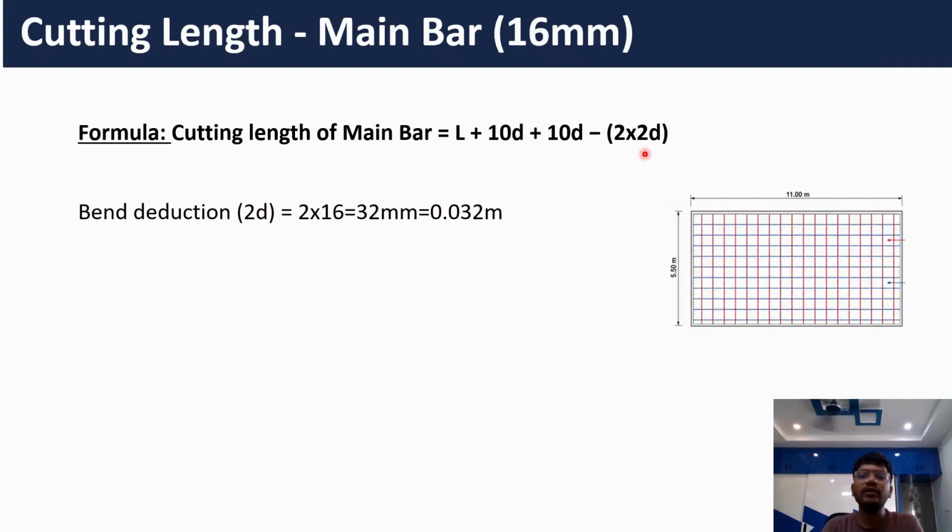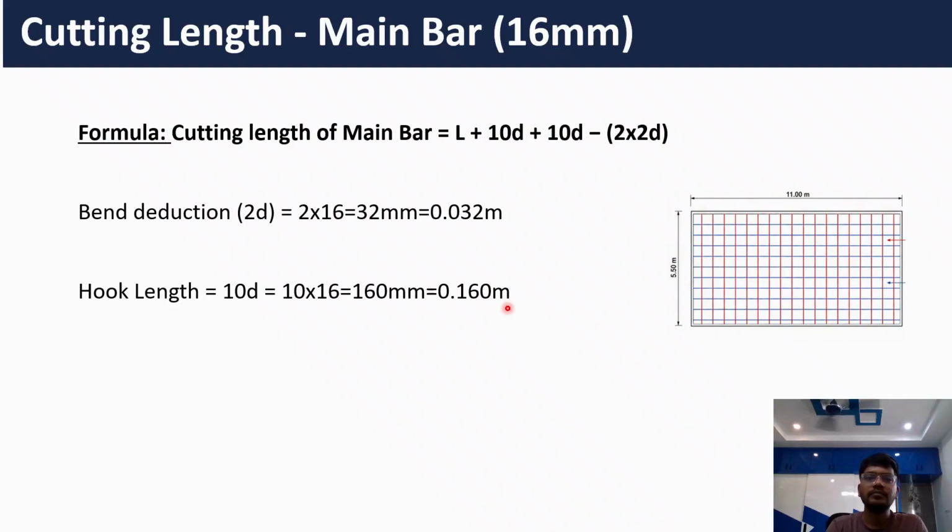Let us substitute the values to get the cutting length of main bar. Bend deduction is 2D. Here D is diameter of main bar. 2 multiplied by 16 equals 32 mm, which is equal to 0.032 meter. Hook length is 10D. 10 multiplied by 16 equals 160 mm, and if you convert it to meter, it will come as 0.160 meter.